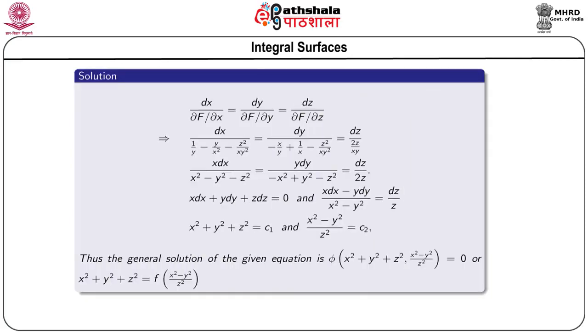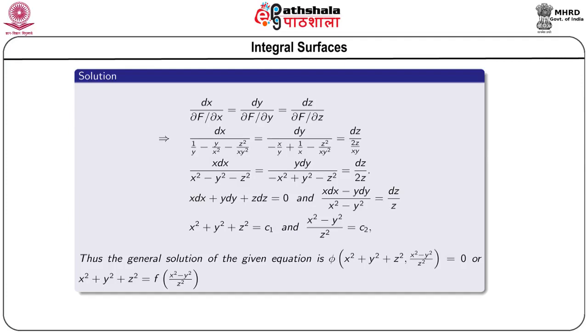The auxiliary equation for the system of surfaces which are orthogonal to the given surface is dx by del f del x equals dy by del f del y equals dz by del f del z. So, if we know the expression for capital F and substitute these values, we obtain the simultaneous equation written here, and from this simultaneous equation one can easily obtain two integrals.